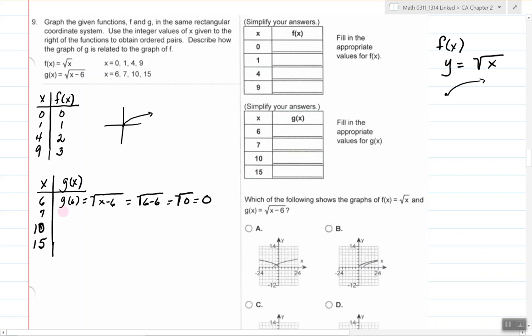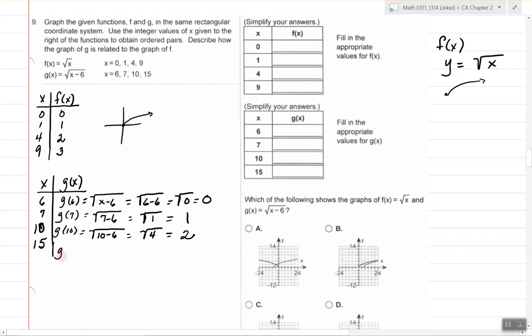Okay, the next one, it wants g of 7, which is the square root of, I'll just go ahead and put 7 minus 6, which is the square root of 1, which is 1. Next one, g of 10 is the square root of, in the place of x I put 10 minus 6, which is the square root of 4, which is 2.